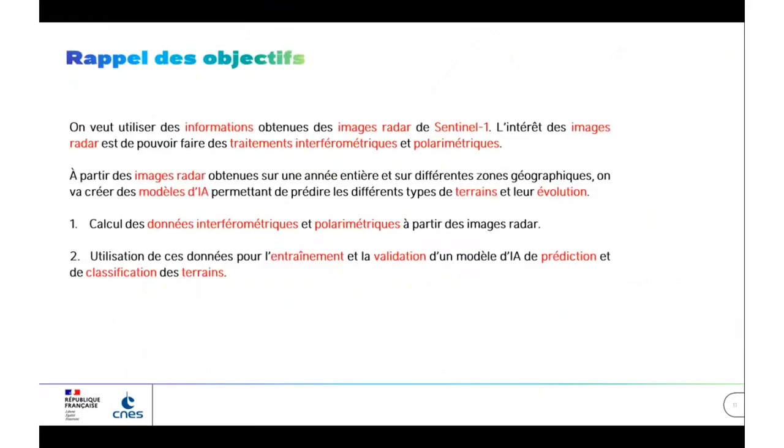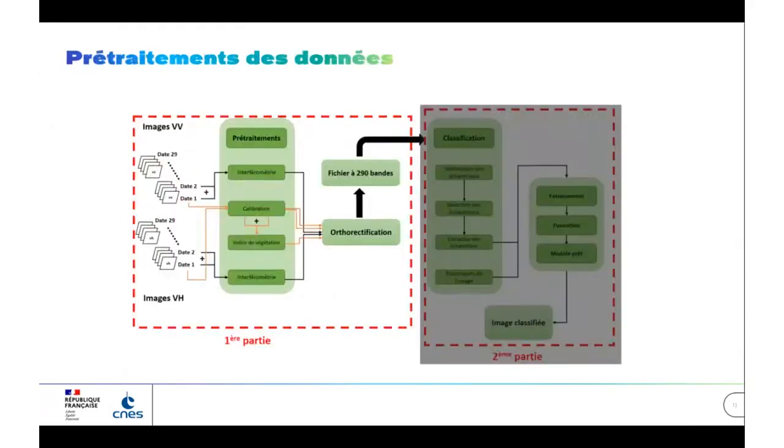So, to wrap up our goals here: we use Sentinel-1 images, fuse them all together as time series, and then train an AI model to automatically classify each pixel in the time series. To do this, we divided our work into 2 parts.